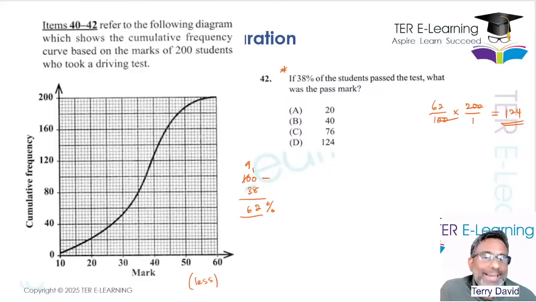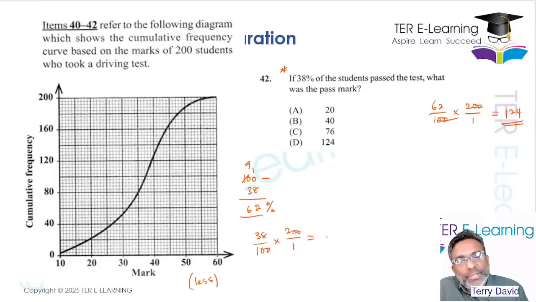Or you can just work out 38% multiplied by 200, you're going to get 8 and it's 16, so 76. So 76 students pass the test. If 76 students pass the test, that means 76 students got more than the pass mark.